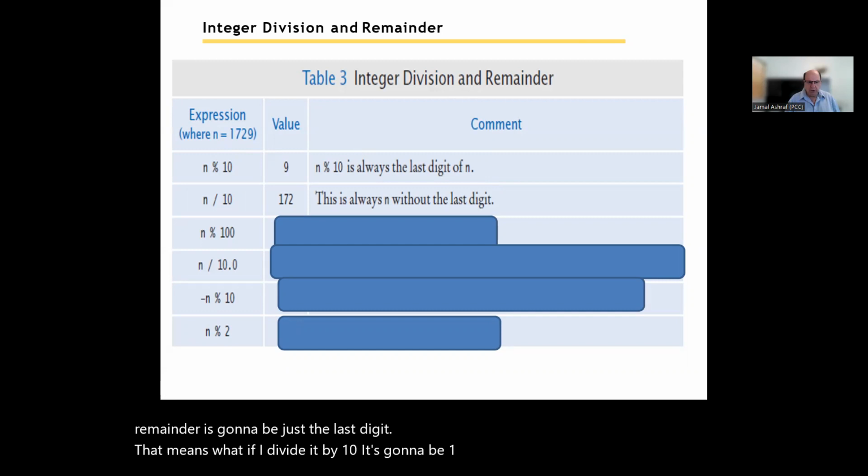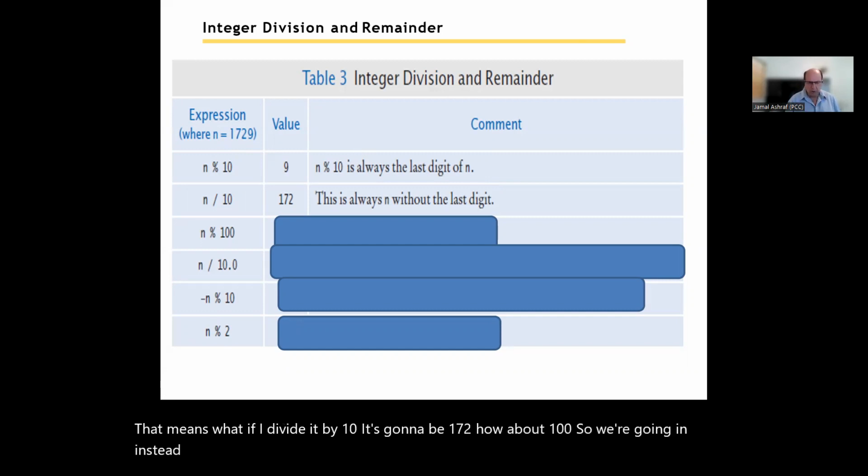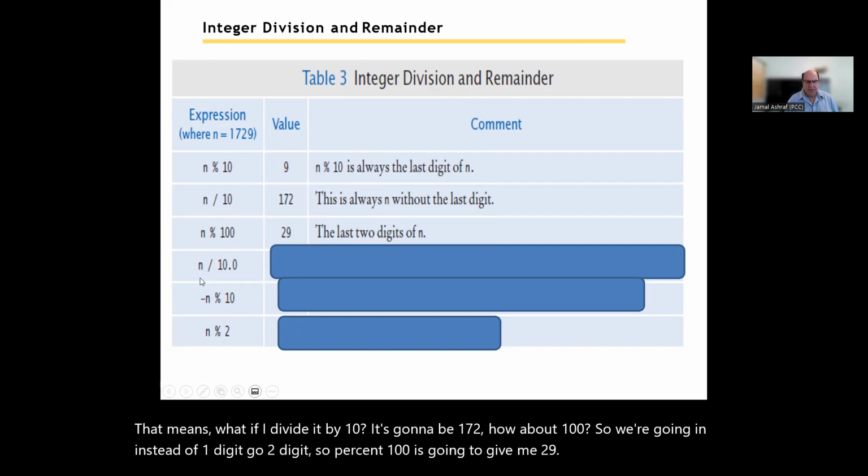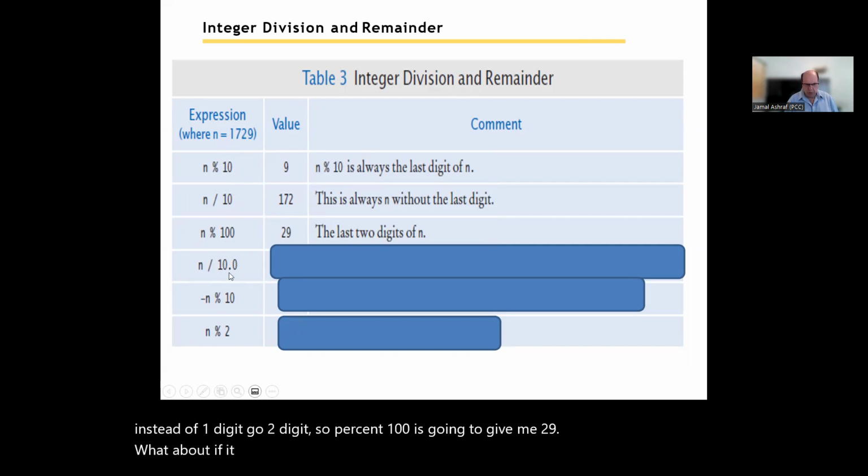How about 100? Instead of 1 digit, we go 2 digits. So percent 100 is going to give me 29. What about if we divide it by 10.0? Remember, when we are mixing up an integer with a decimal, it's going to change my integer to a decimal.